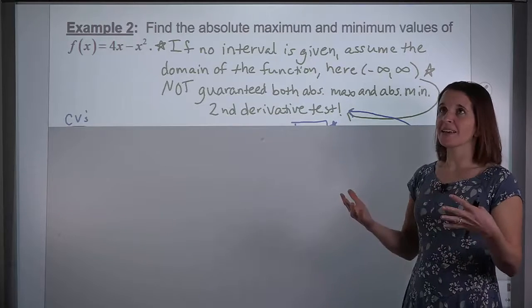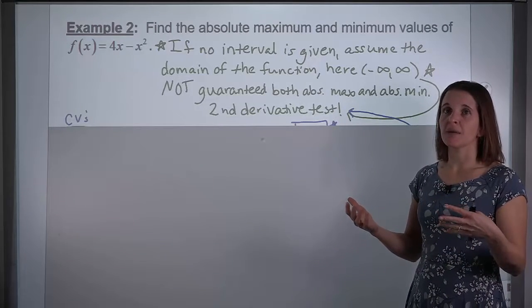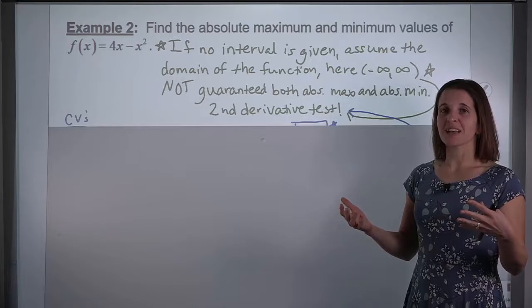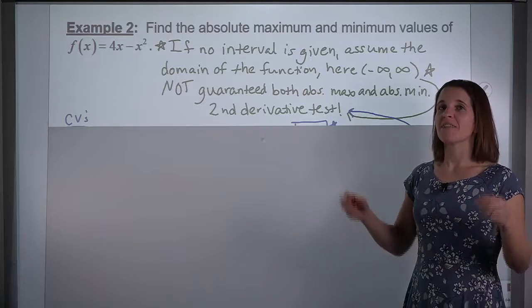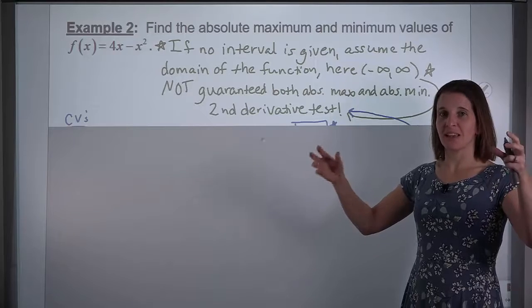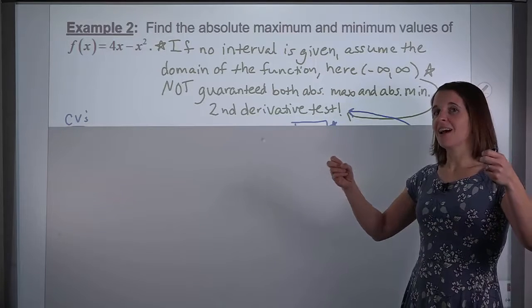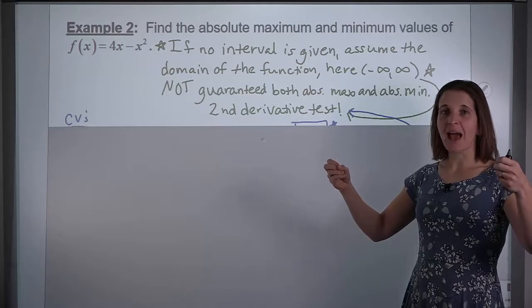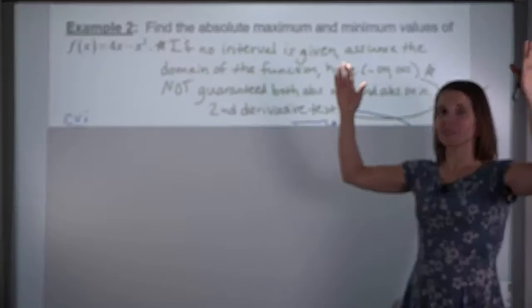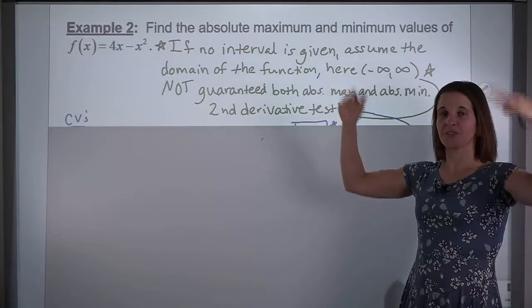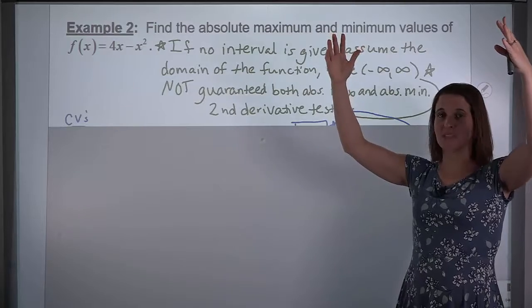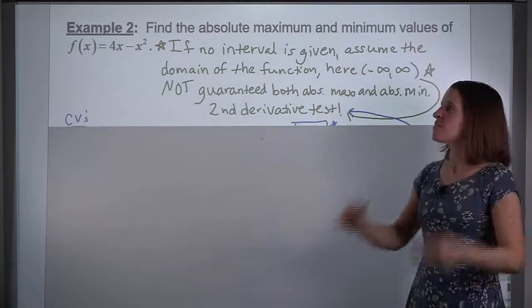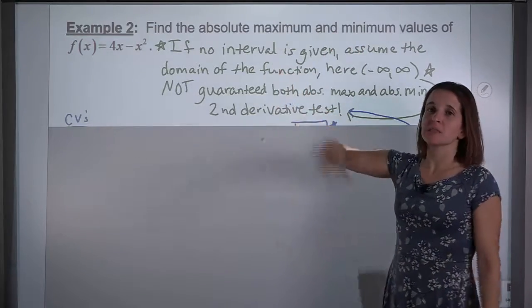So if I get that when I plug in my critical value, I get 1,000,000, just because that's a high sounding number, if I can't compare it to the endpoint values, I don't know that that's necessarily a max. What if the ends go up, and actually if we did chop it off, that's a min and the function goes even higher than 1,000,000. Okay? So when it's an open interval, we're going to use this other method.